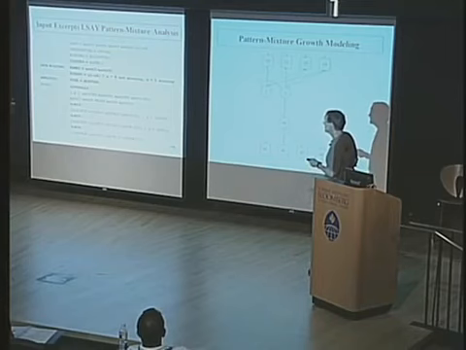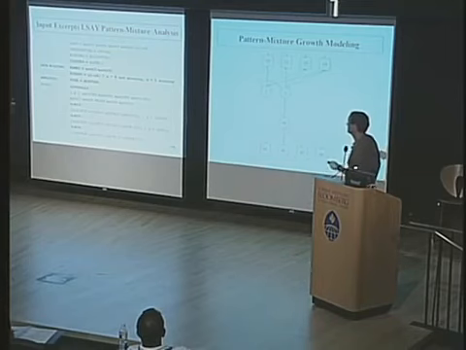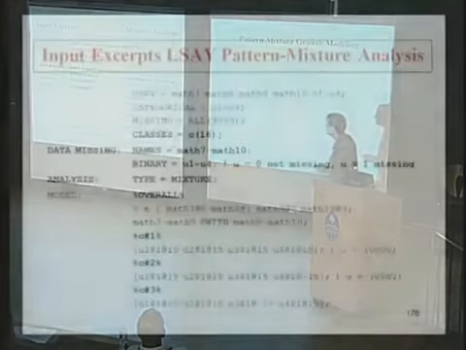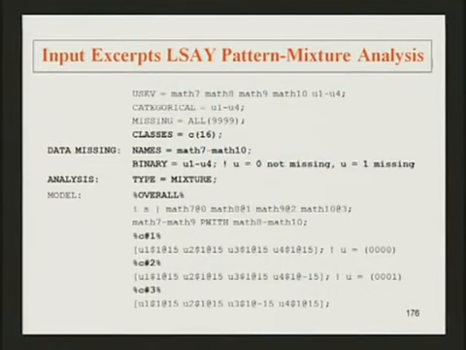Then the analysis type is the new mixture approach, type equals mixture, the latent class approach, where you have an overall model, which is the growth model with a p-width statement. Now we're going to have a bunch of classes corresponding to each of the observed missing data patterns.